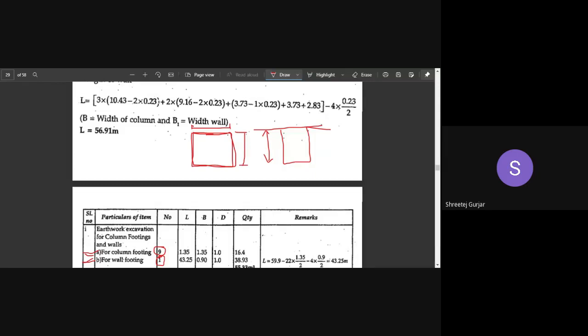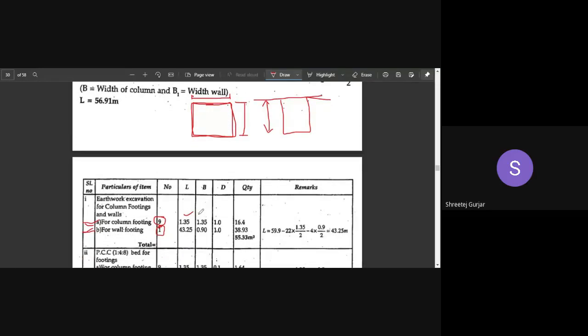Sir, 1.35 and 1, sir. 1.35 is what? Sir, width. It is a square section, so it will be 1.35 length and breadth.